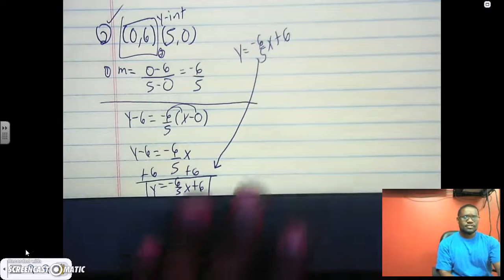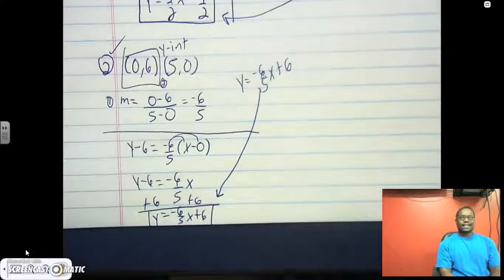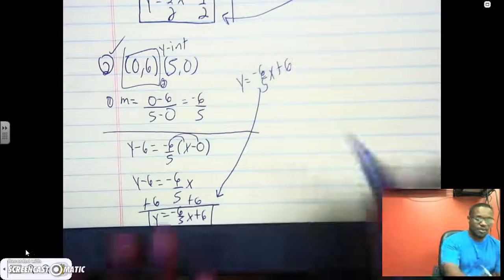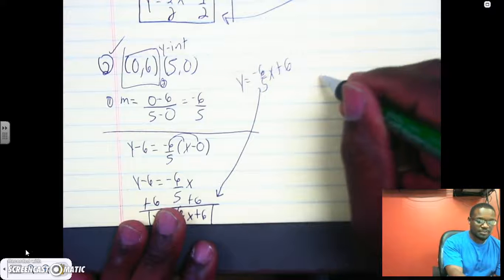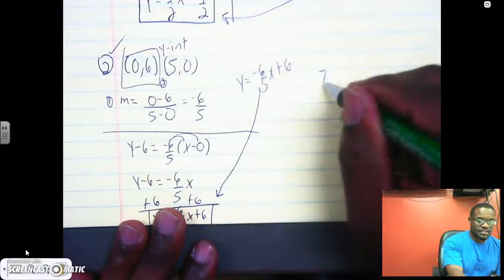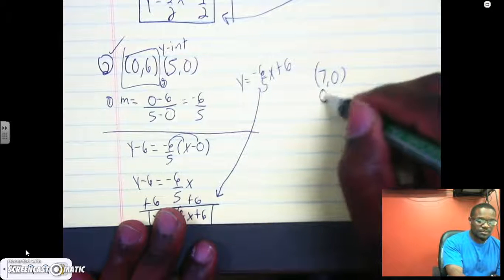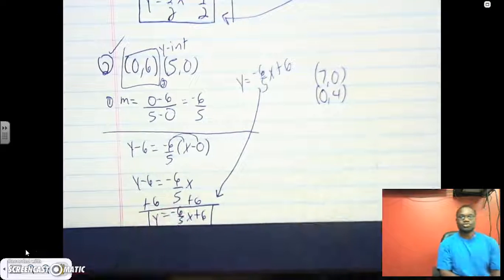Now they do stuff like they'll give you hints, like the x-intercept is 7 and the y-intercept is 4. If they tell you the x-intercept is 7, that means it's the point 7, 0. The y-intercept is 4, that means it's 0, 4. They're basically telling you 2 points.